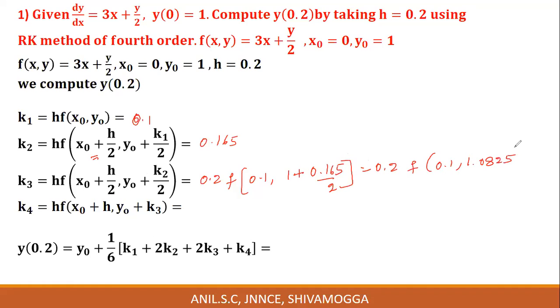This is 1.0825. Calculate this. It takes f of x comma y form. f of x comma y is 3x plus y by 2, that is 3 into 0.1 plus 1.0825 divided by 2.